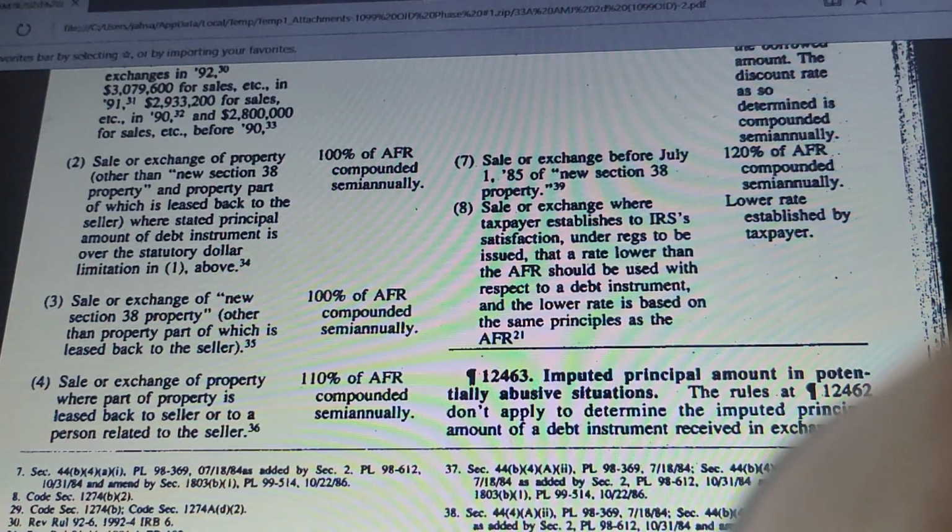Sale or exchange where the taxpayer establishes to the IRS's satisfaction under regulations, or regs, short for regulation, to be issued, that a rate lower than the AFR should be used with respect to a debt instrument, and the lower rate is based on the same principle as the AFR.